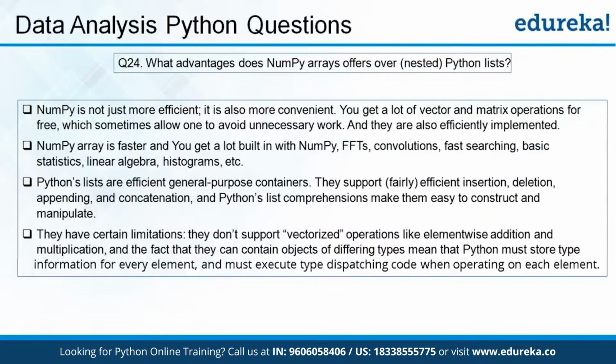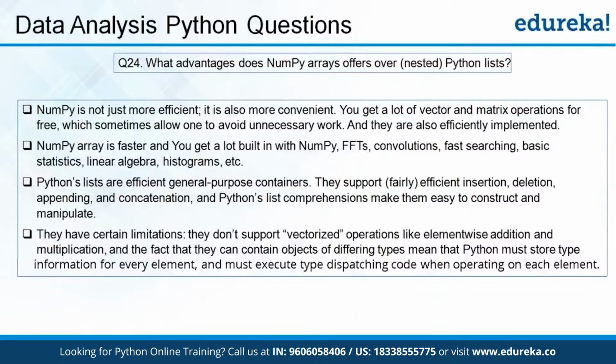So you get a lot of vector and matrix operations, so that you can avoid unnecessary work of recreating those vector operations. NumPy array is faster. You get a lot built in with NumPy: FFTs, convolution, searching, linear algebra, histograms, etc. So what about the lists?